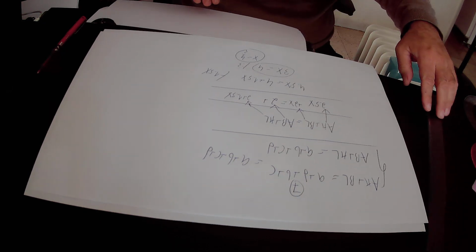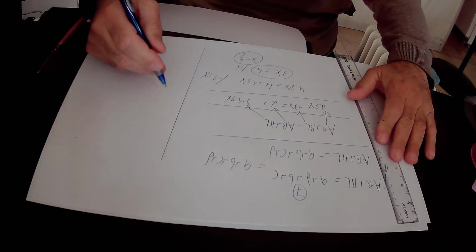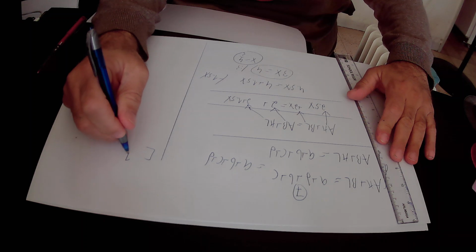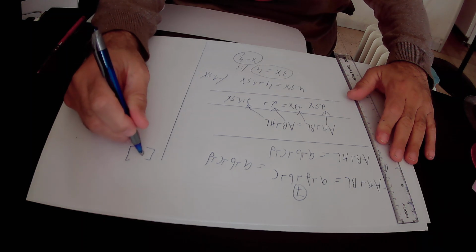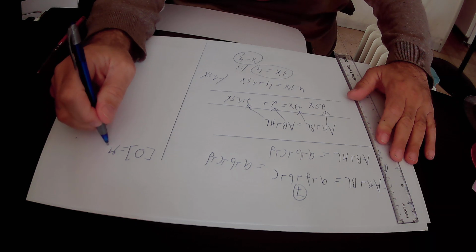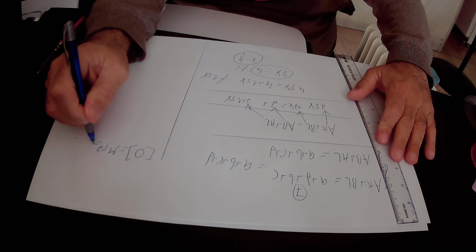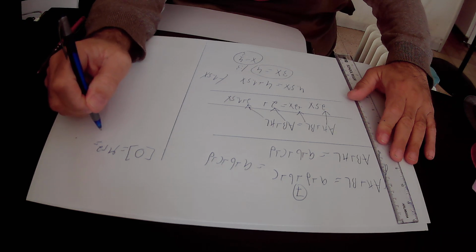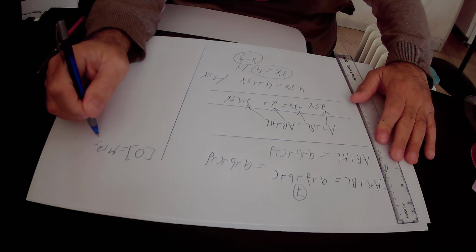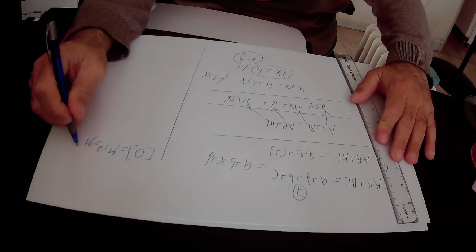And we also know that the area of any circle, here the square brackets are the sign for the area, equals pi times the radius squared. In our case, r is x, so r squared is x squared.